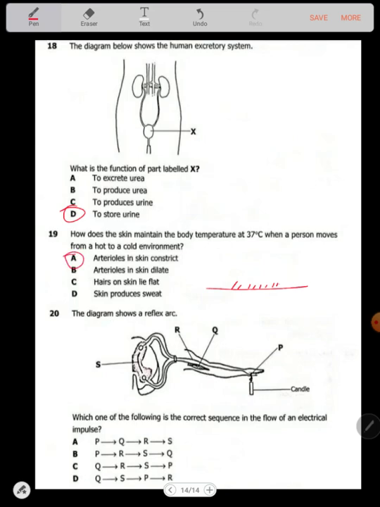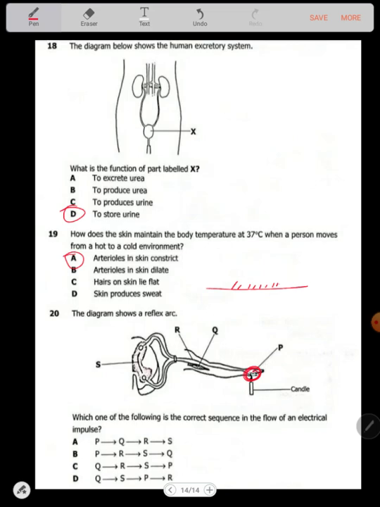The diagram shows a reflex arc. Now we know that a reflex arc is a path taken by an electrical impulse as it is coming from the receptor, the sensory. Which one of the following is the correct sequence in the flow of an electric impulse? So like I was saying, this is the receptor.